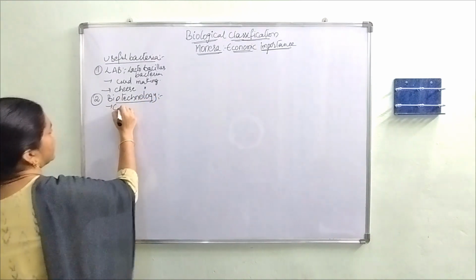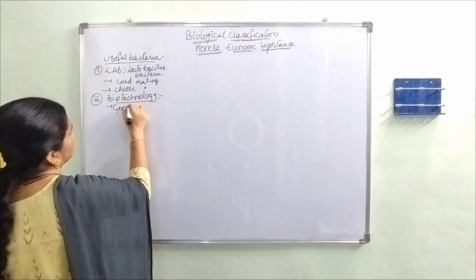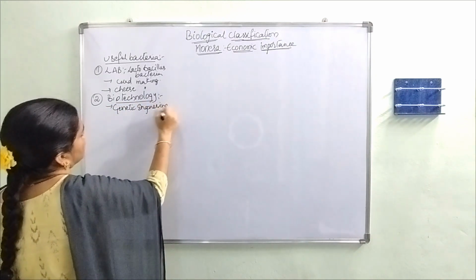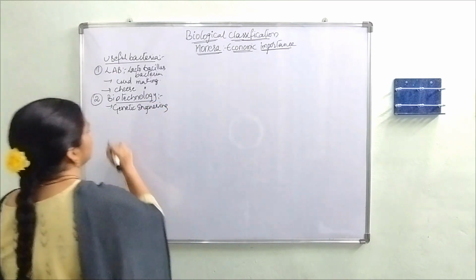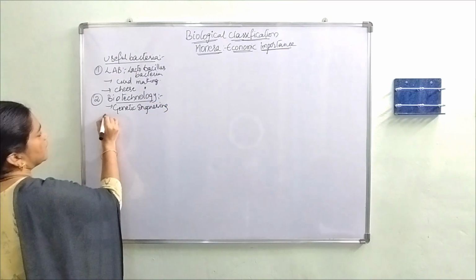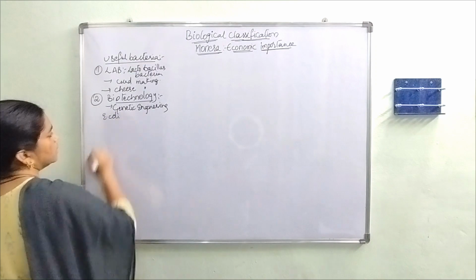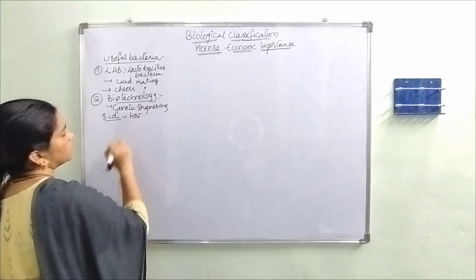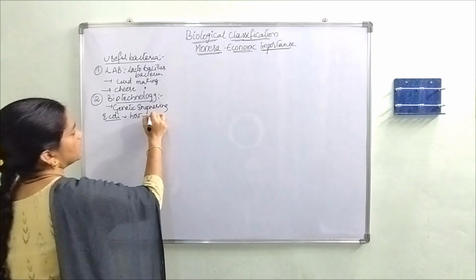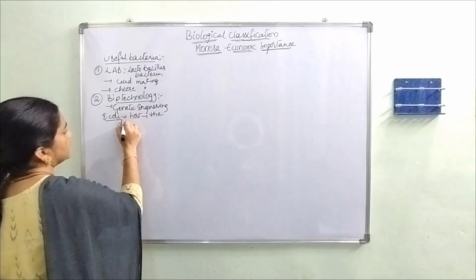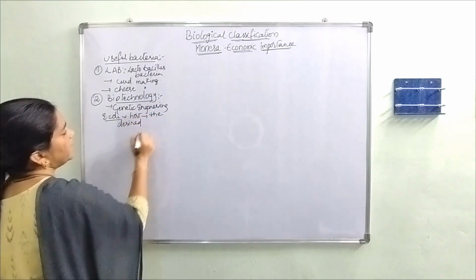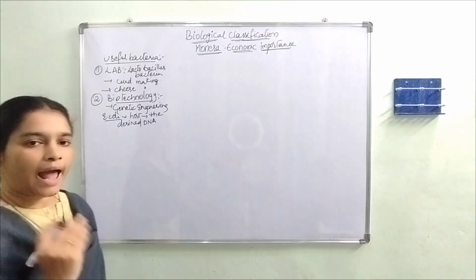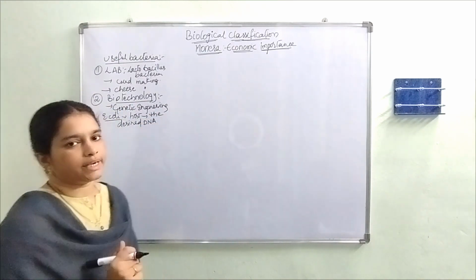In genetic engineering, the bacterium which is used is E. coli. This E. coli is used as a host in which the desired DNA sequence or a gene is placed and the product is obtained.